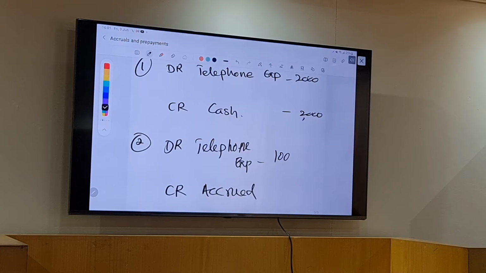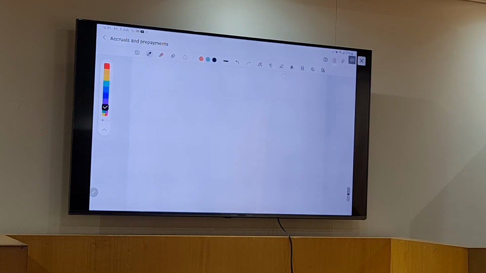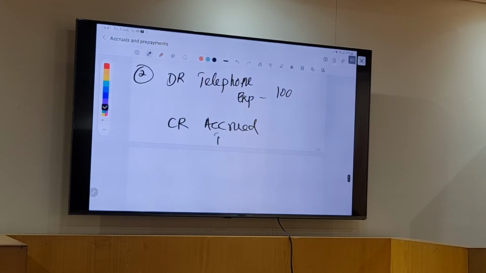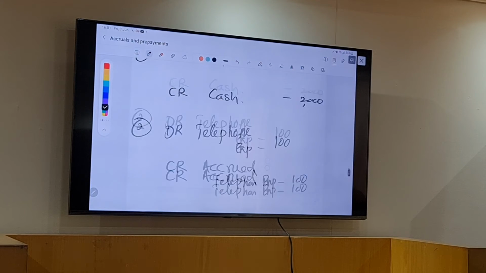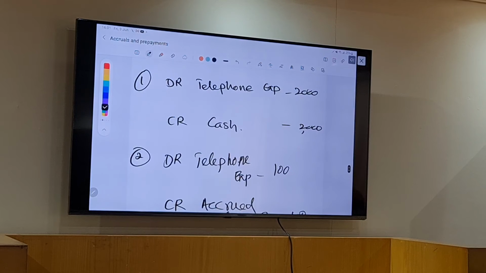We have a special name. Telephone expense 100. When this 100 is paid, we will reverse it later.